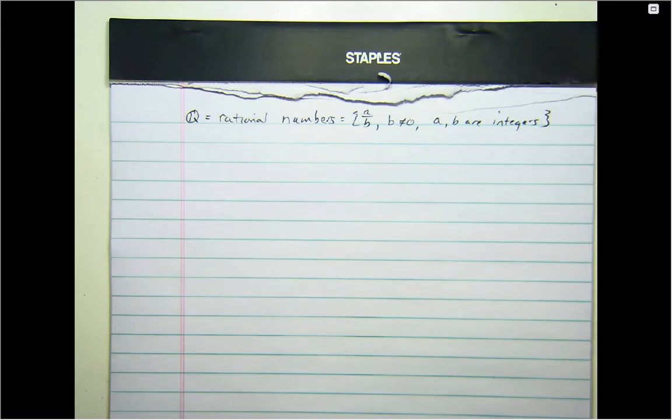Can we list it? Okay, so this is going to take a big sheet of paper. Maybe you could fit it on a half page if you write small, but a full page or a quarter of a page would be better, because we're going to work at listing all the rational numbers. We're going to start with 0. Remember, you can write 0 as 0 over 1, so 0 is a rational number.